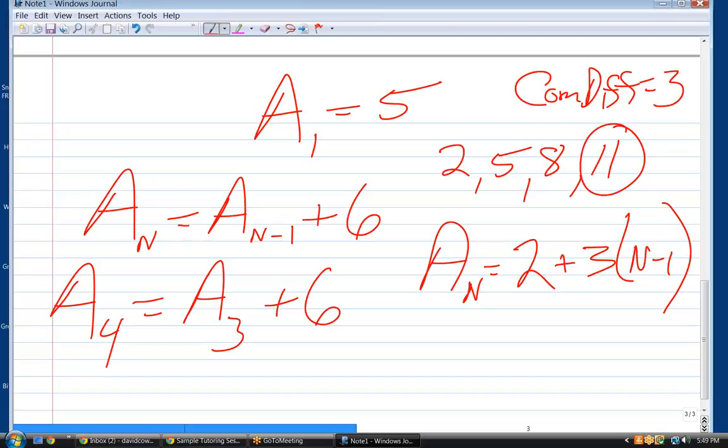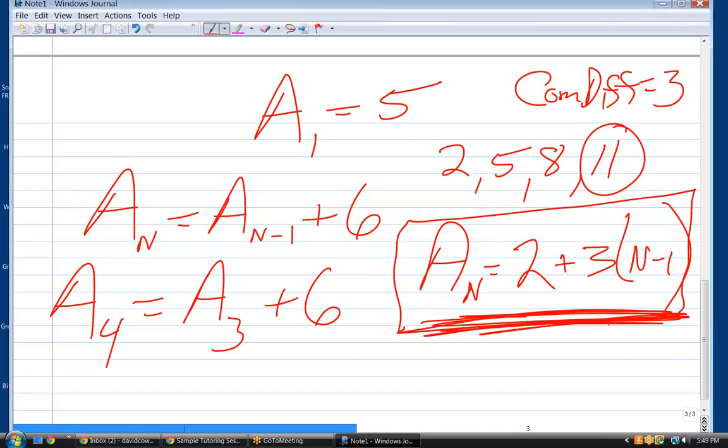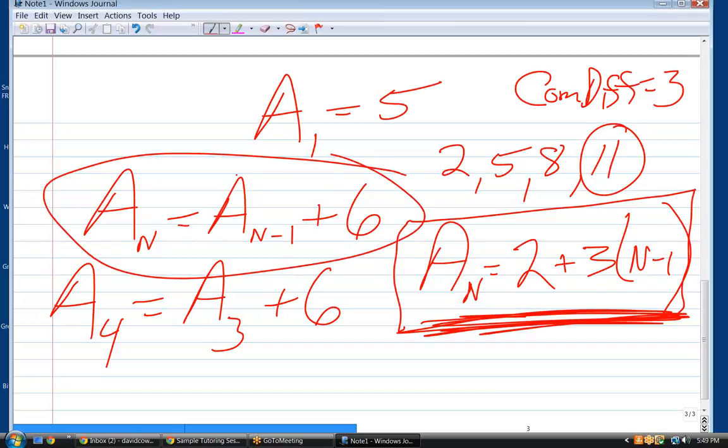Well, I don't know the third term. So this is actually a superior definition depending on what information you know. As long as you know the first term and the common difference, this will always allow you to figure out the nth term. If you know the previous term and the common difference, then this is the one you want to use, the recursive definition.